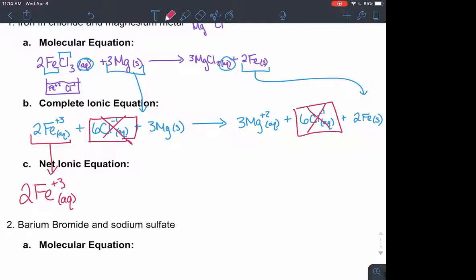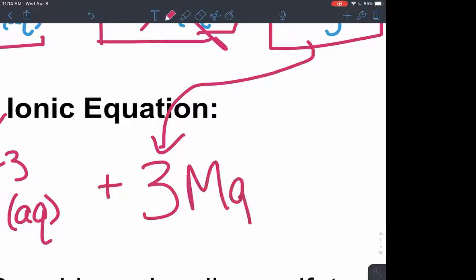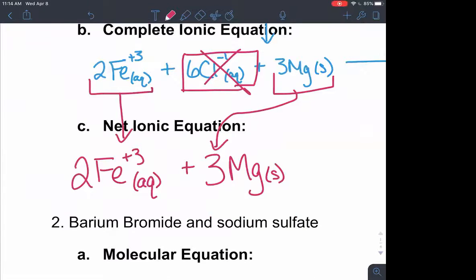Okay. All right. Now, our next one, 3 magnesium solids on both sides. We see 3 magnesiums on both sides as solid. No, so those are going to come down into our net ionic equation. We're going to add the 3 magnesiums as a solid. And we're done with our reactant side.